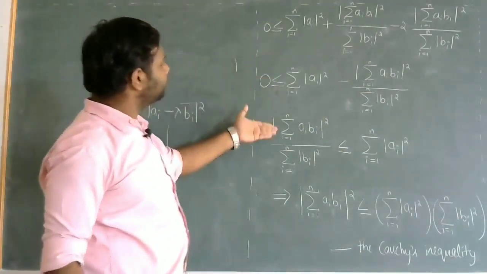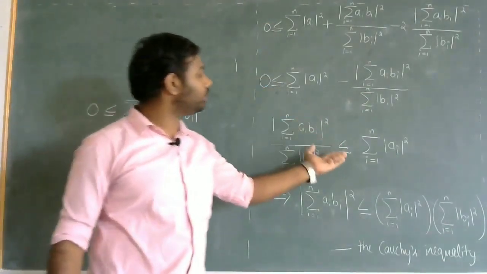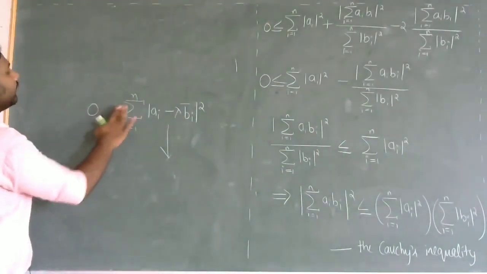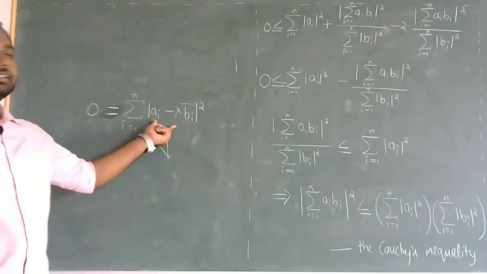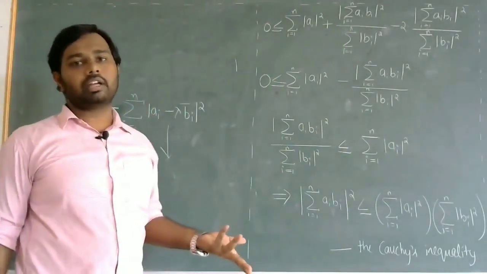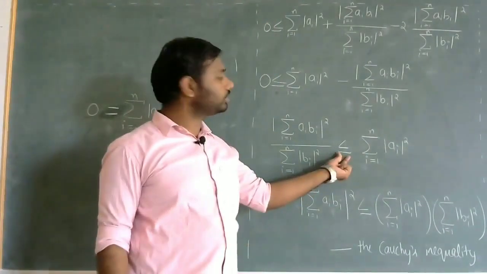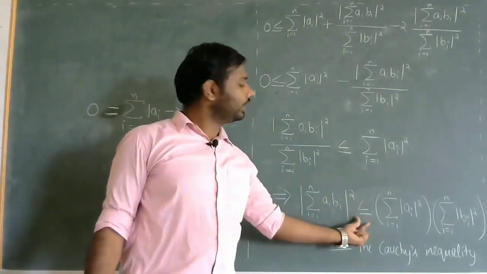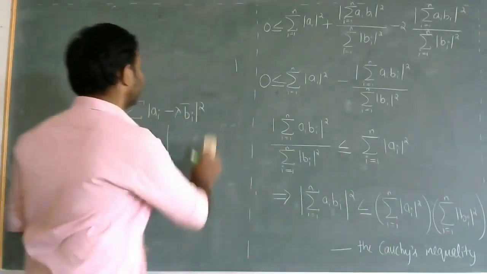In all the steps we got greater than or equal to. So if the number which we started with was equal to 0, in all the steps we would have got equality. So here also we would have got equality in the Cauchy's inequality.